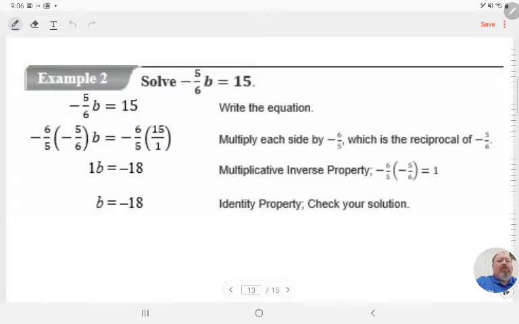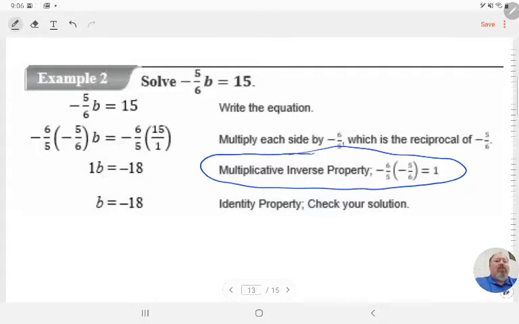So we would have to multiply by the reciprocal, or the multiplicative inverse. So like here, when you use the multiplicative inverse property, and you multiply two fractions, the fraction and its multiplicative inverse, or reciprocal, same thing, you get 1. So this right here would equal 1. So 1b. And if I multiply it by this side, I have to do this side also.